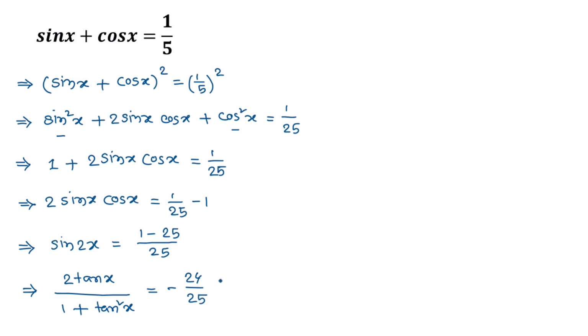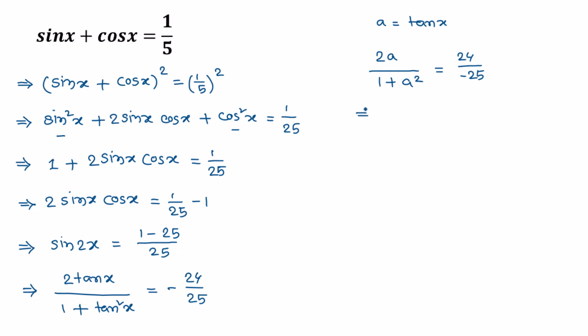Now consider this tan x as a. So consider a is equal to tan of x. Substituting tan x as a, we can write this equation: twice a over 1 plus tan square x, that means a square, is equal to 24 over negative 25.